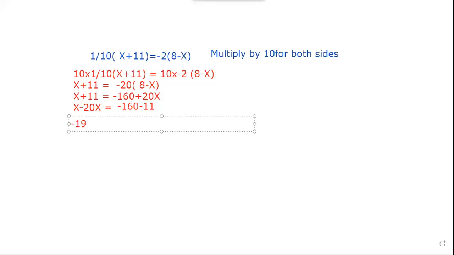So it will be negative 19x equal negative 160 minus 11, which is negative 171. Thank you. So the next step, negative 19x equal negative 171. Then we will divide by how many?